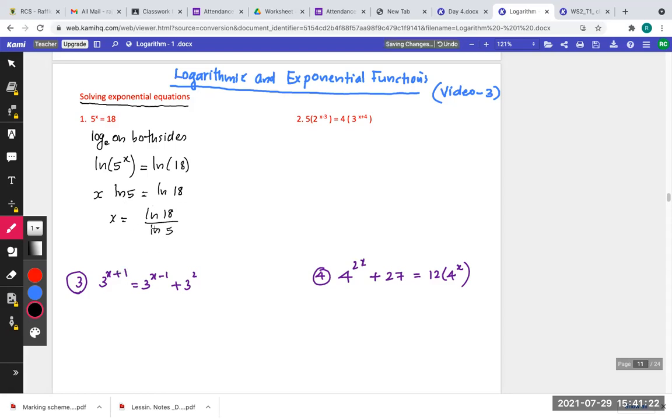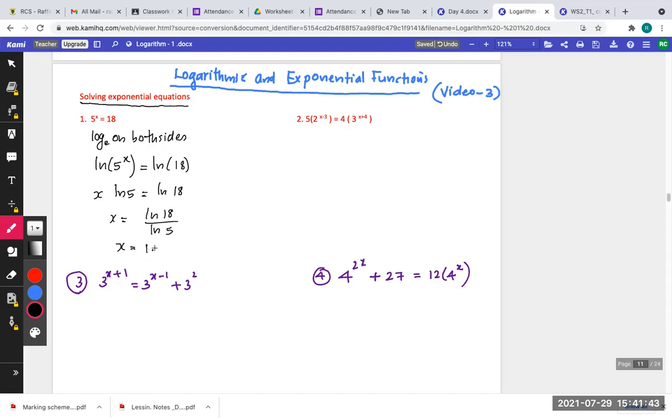We divide both sides by ln 5 and you can get the answer using the calculator. There is an ln key. So ln 18 divided by ln 5 will give you the answer 1.79.